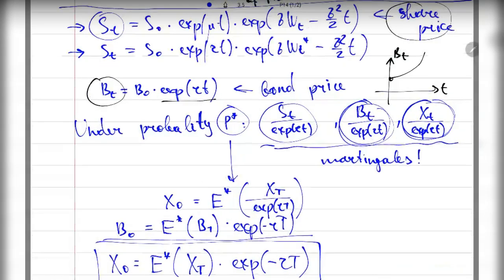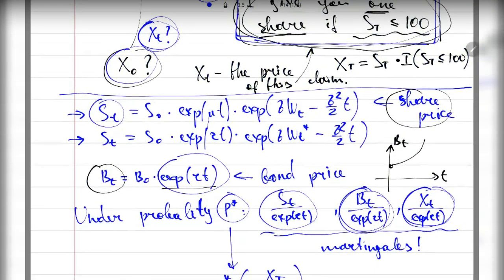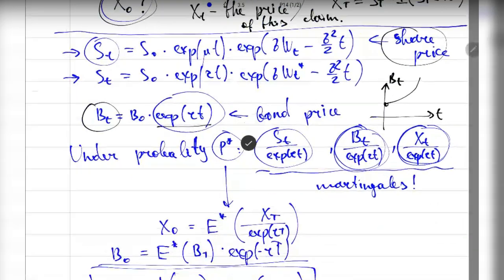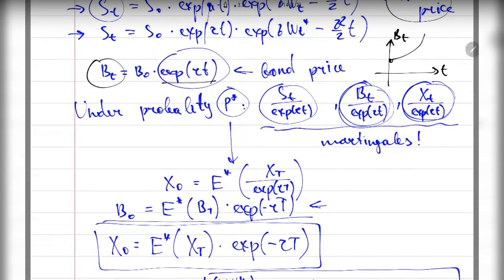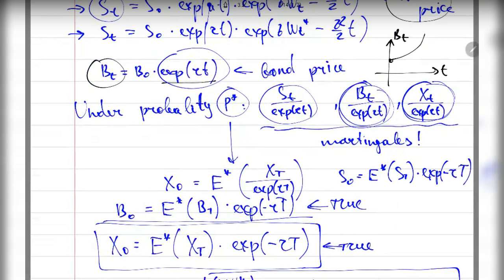That's true, but that's obvious. For the share that's also true: S0 is just the expected value of ST multiplied by exponent of minus RT, the discounting factor.